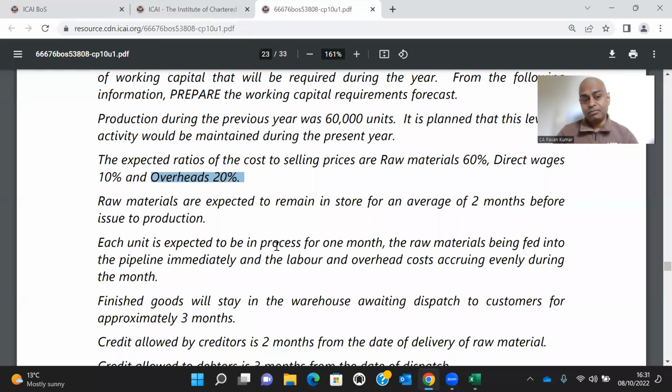What will be profit? Sir, they have not given any profit percentage. How can we tell profit? Out of sales, if 60% is raw material, 10% is direct wages, 20% is overhead, this is total cost. If you subtract total cost, the balance is profit only, 0.5.